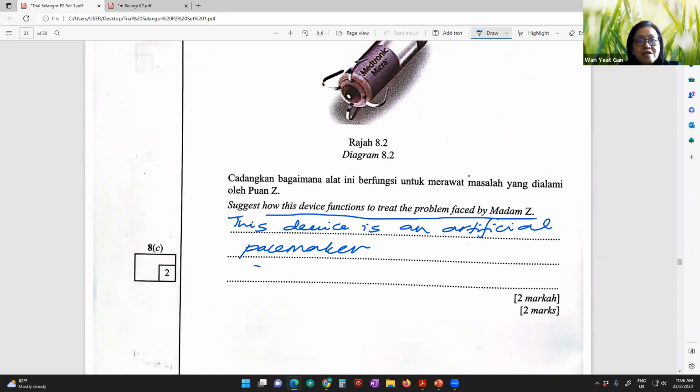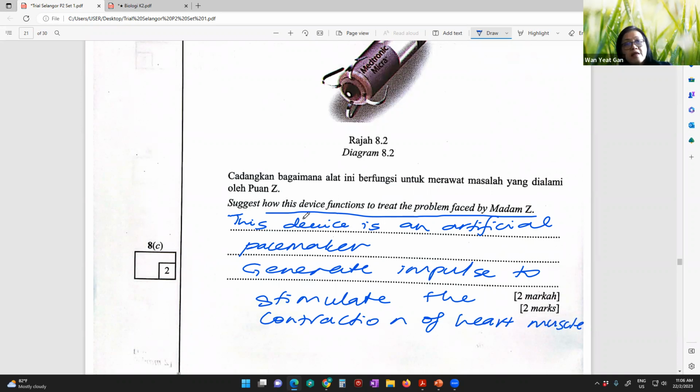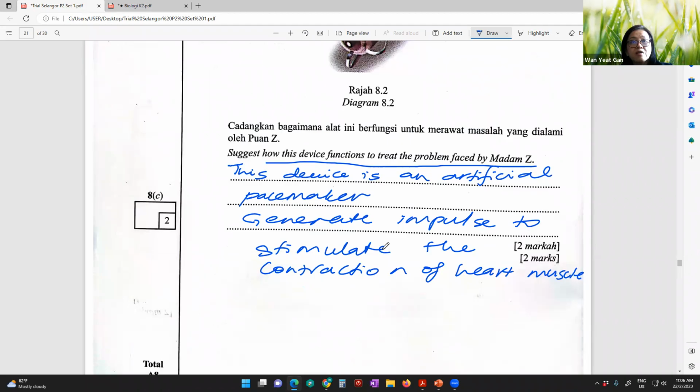So this device generates impulses to stimulate the contraction of heart muscle. Okay, so in this way, her heartbeat rate can be increased.